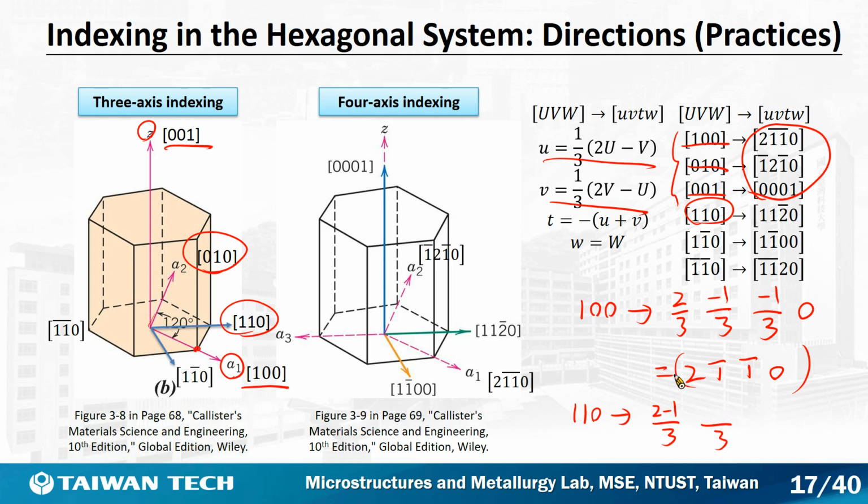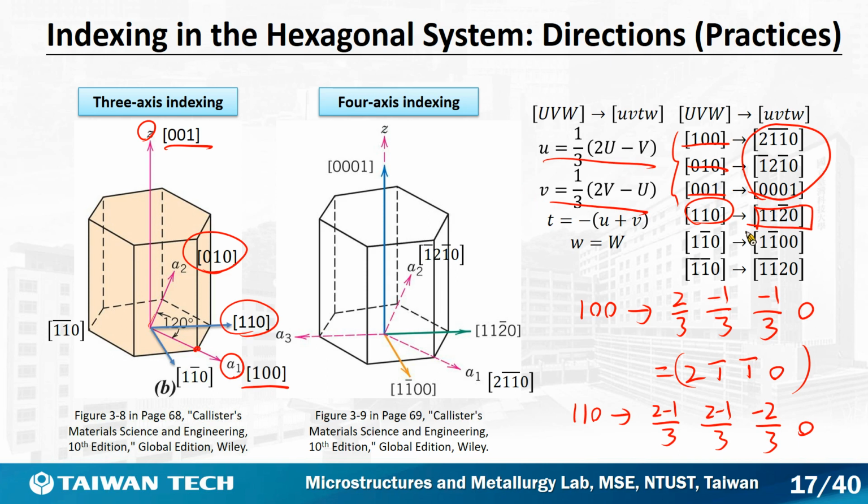And 1/3 (2v minus u), similar. And this is minus the sum of these. So this is 1, this is 1, it will be 2, but with a minus sign. And w is the same, 0. So it will be 1, 1, minus 2, 0.